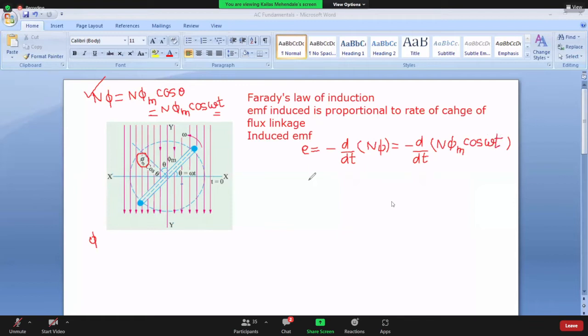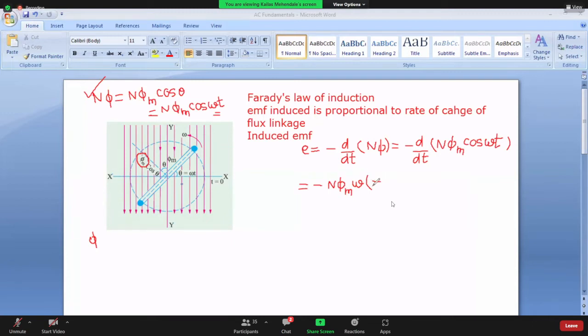Now by differentiating, I'll have minus. All the constant terms will come out: N being the number of turns is constant, the magnetic flux phi m is also constant, and omega, the angular velocity, is also constant.